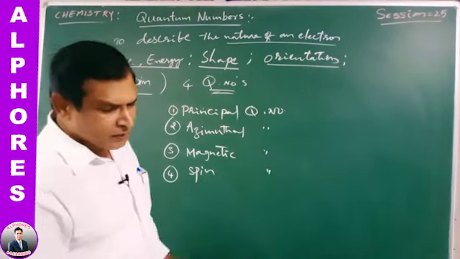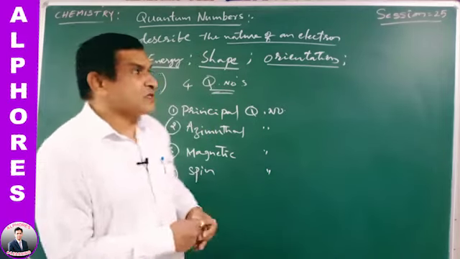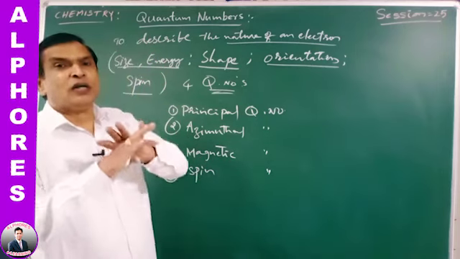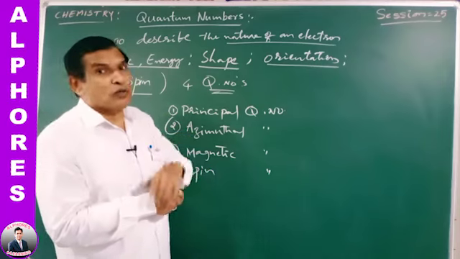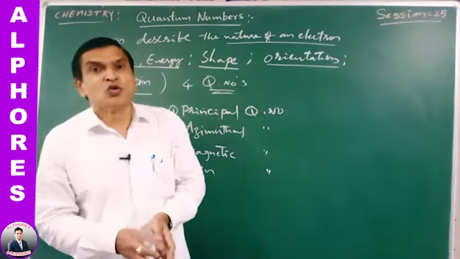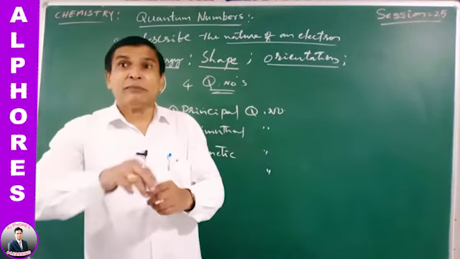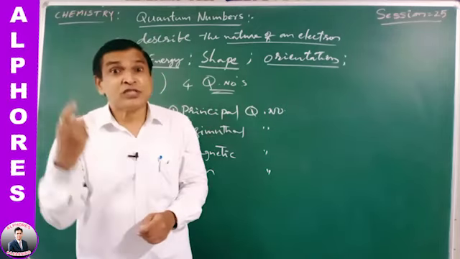Once again, how to start the introduction to quantum numbers? To describe the nature of an electron in an atom, see for example, sodium atomic number is 11. So to describe the 11th electron, you can describe in which orbit it is present, in which subshell it is present.